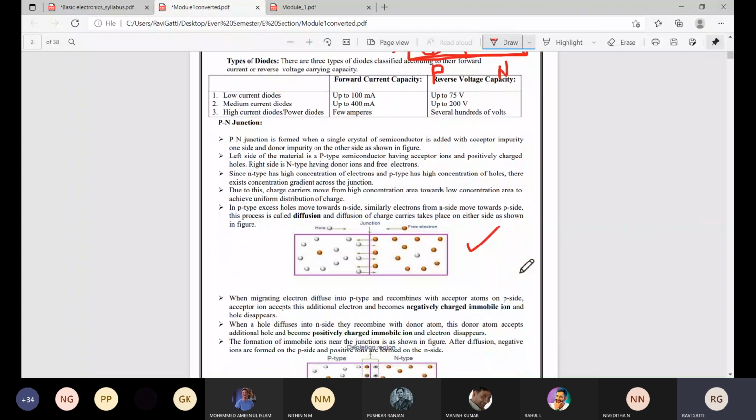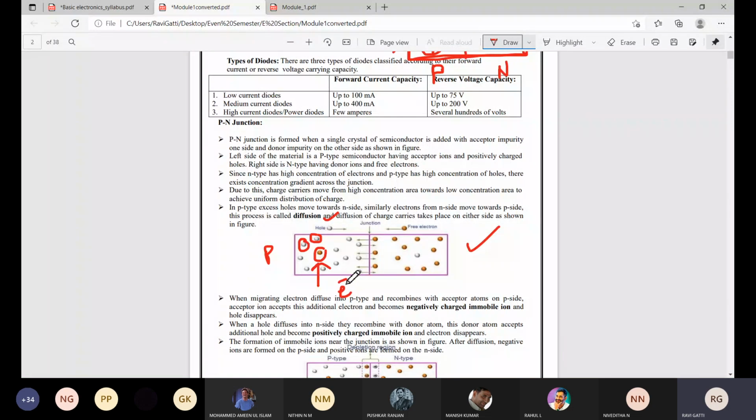Now in the p-type, as I told you, the majority of the movement will take place because of the holes. Along with the holes, there will also be some minority charge carriers, some free electrons. So in this PN junction, the majority in the p-type will be holes and the minority will be some electrons.